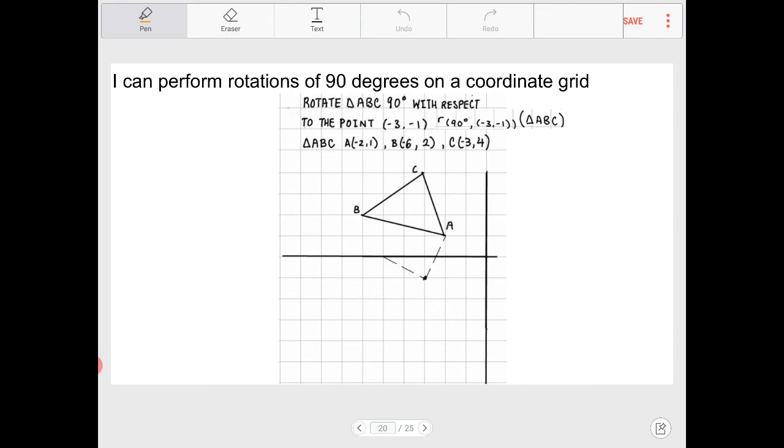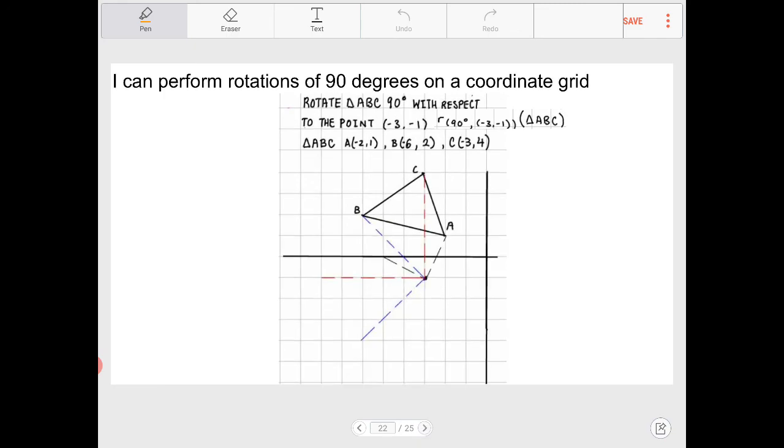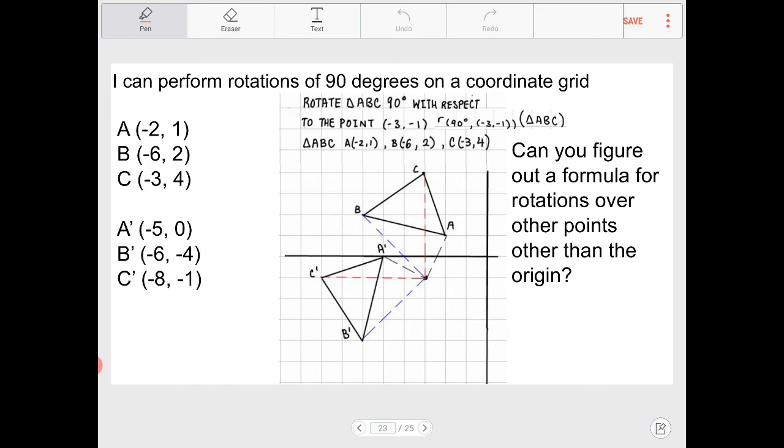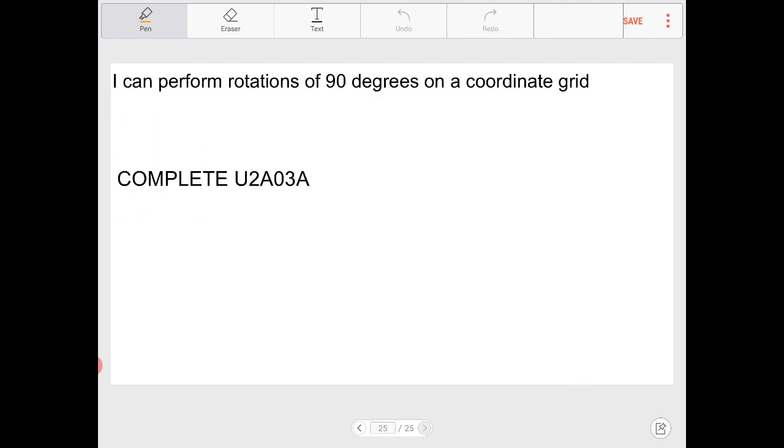Again, we're going to draw in these perpendicular lines one at a time to get those coordinates. So finally, you connect these points. Here are the coordinates. All right. And that's it.